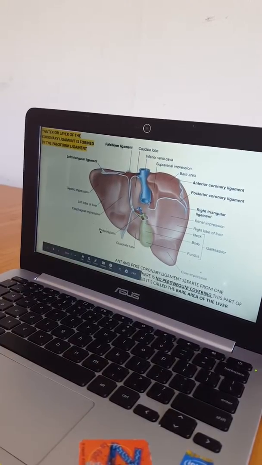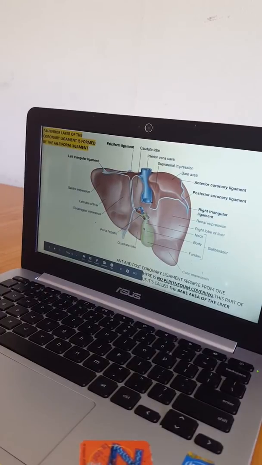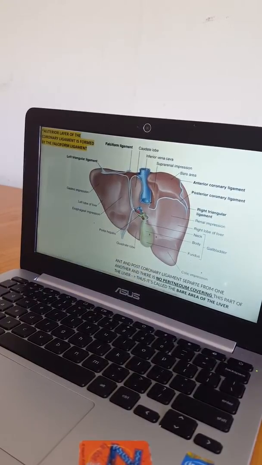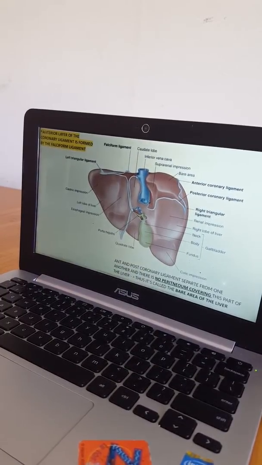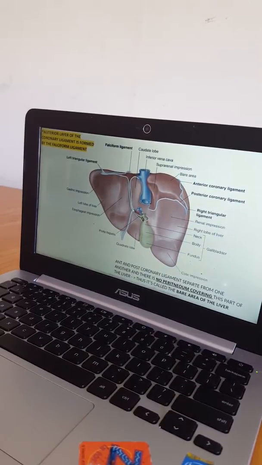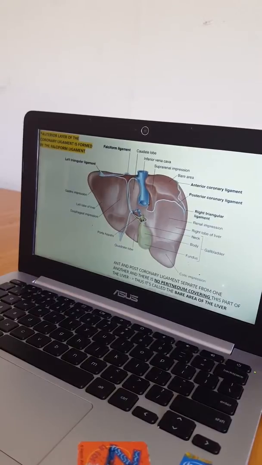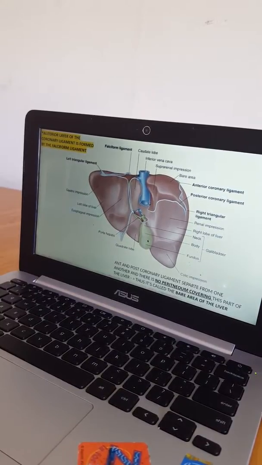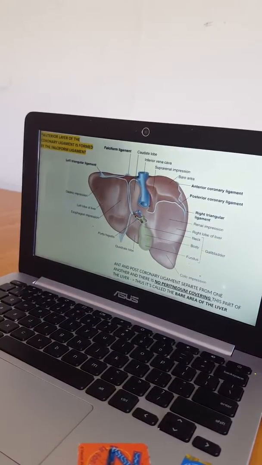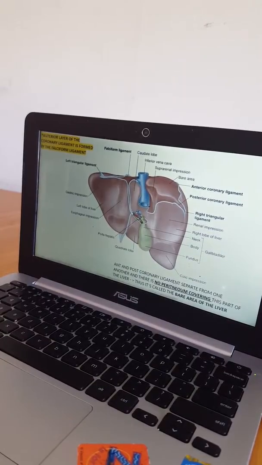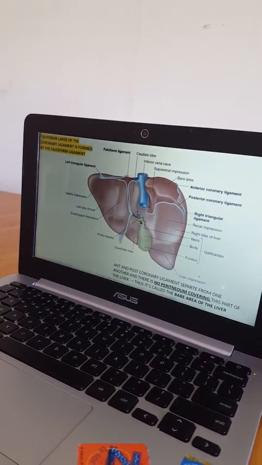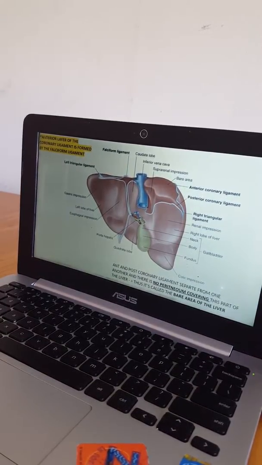peritoneal layer. But then, as we can see in the picture, we can make another deduction: the area from where the bile duct, the cystic duct of the gallbladder, and the veins and vessels pass is also bare. So there's no peritoneum here. So this is the third area.